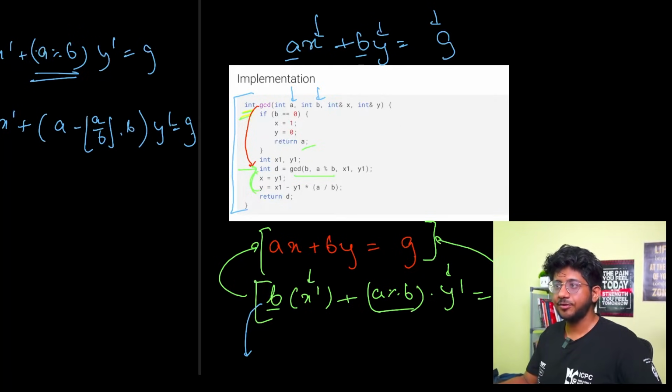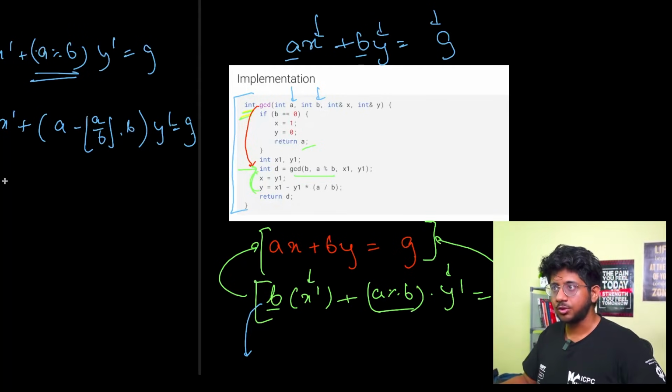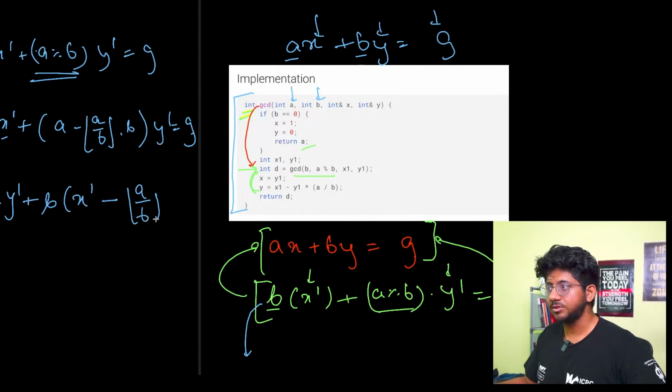Then from there, we can just open up the brackets and try to keep it in the format ax plus by equal to g. So a times y dash plus b times x dash minus b times y dash times a by b. B is getting common out, so b times x dash minus a by b times y dash equal to g.